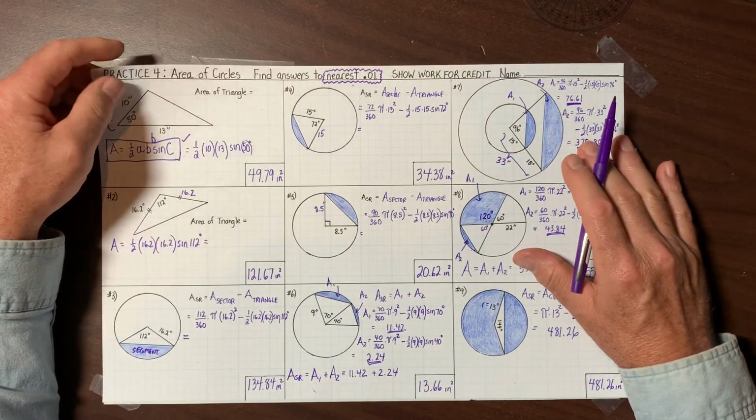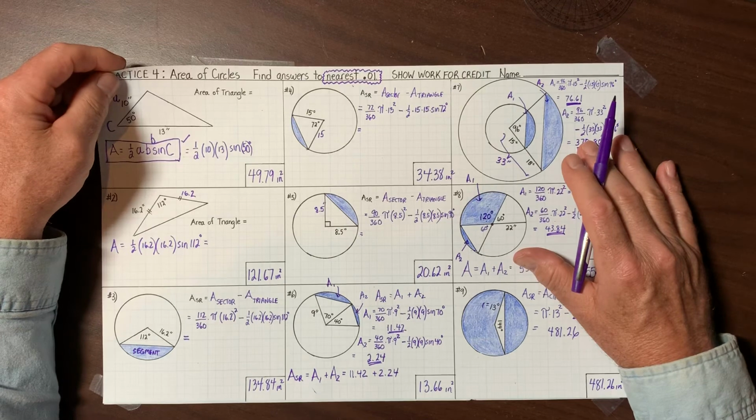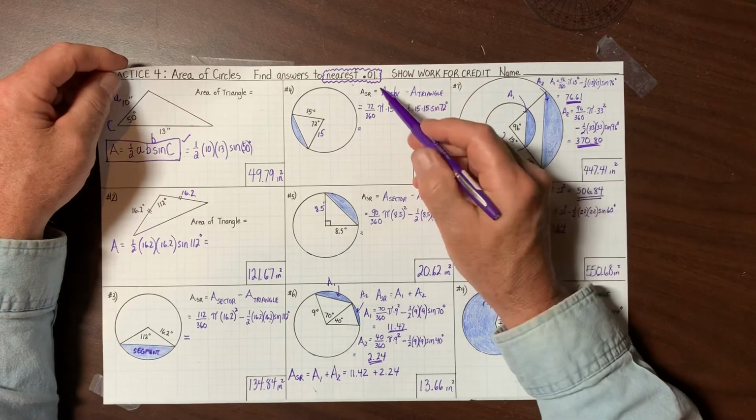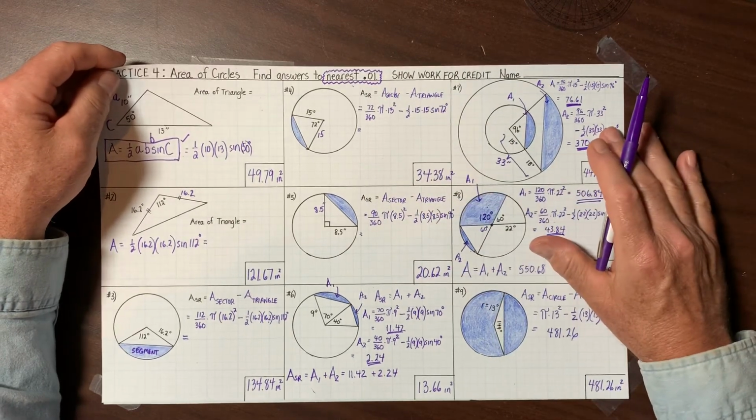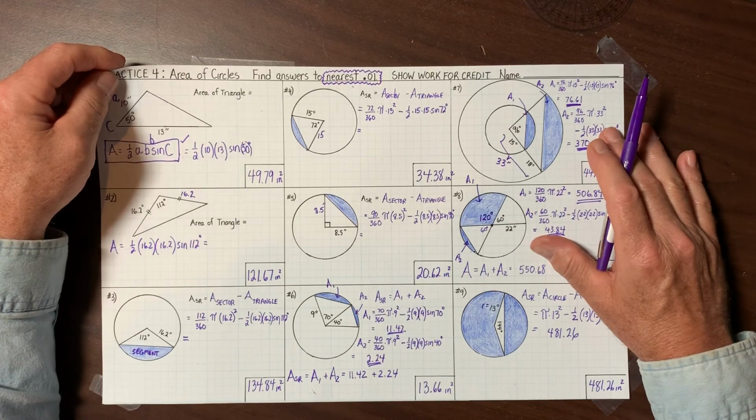So just to emphasize that point, sometimes you are asked to find your answer in terms of pi, and sometimes you are asked to find your answer as a decimal, rounded to the nearest hundredth. Be certain that when you take your quiz, you pay attention to what your answer has to look like. Make sure you read the instructions pertaining to what your answer has to look like.